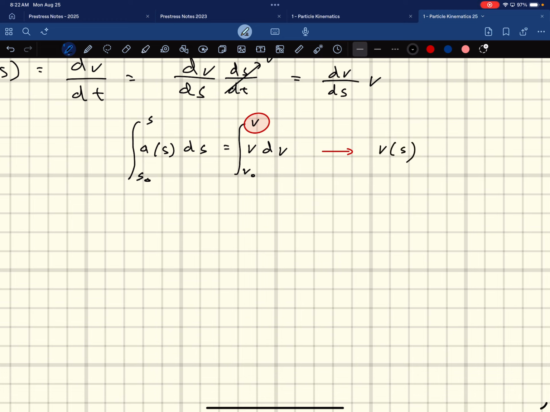You don't get velocity as a function of time, because there is no time in this. This is just v's and s's floating around. So when I carry out the integral on the left-hand side, carry out the integral on the right-hand side, and solve for that velocity, there'll be a bunch of s's on one side and the velocity on the other side, and that's your velocity as a function of position.